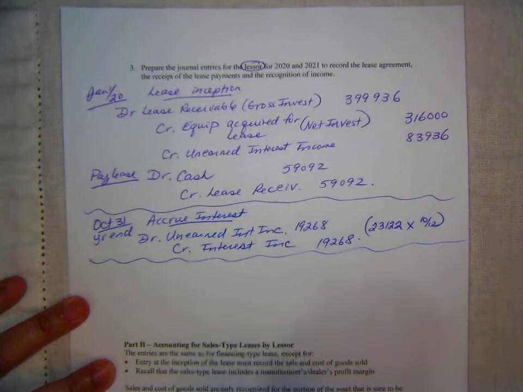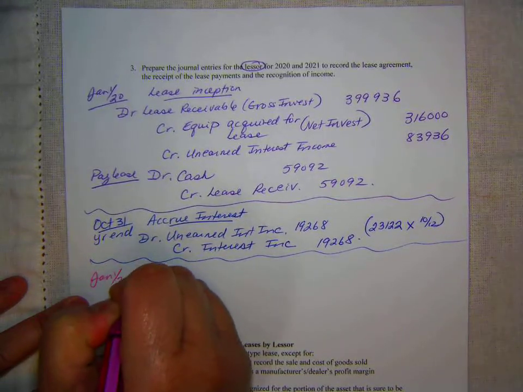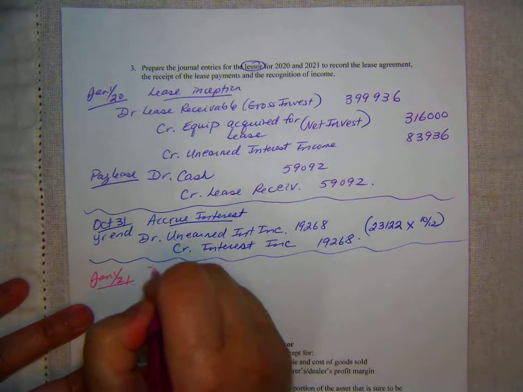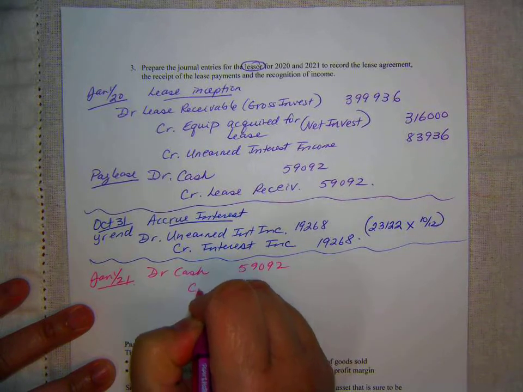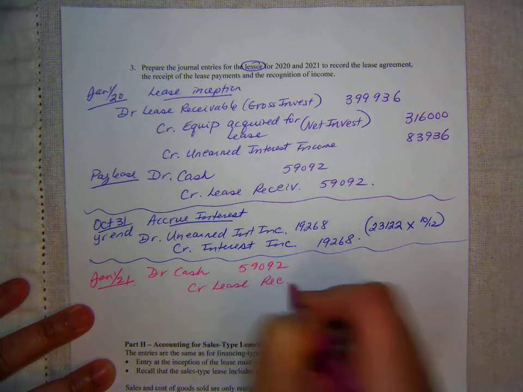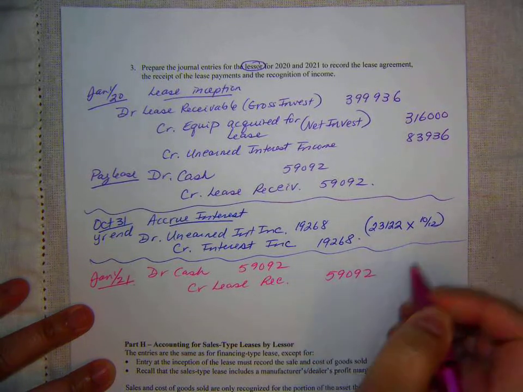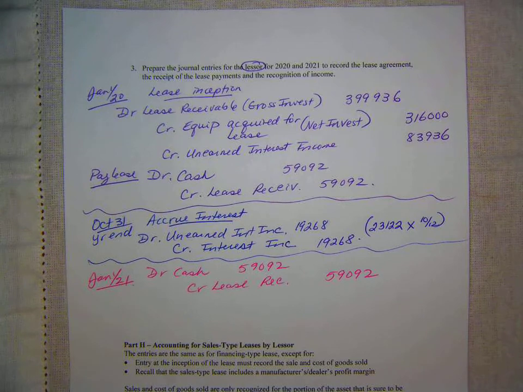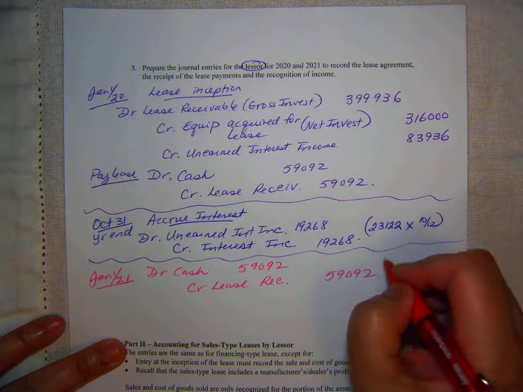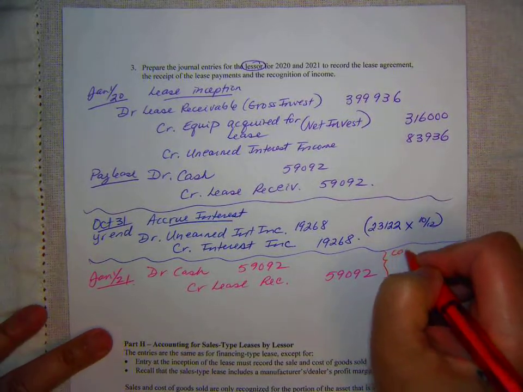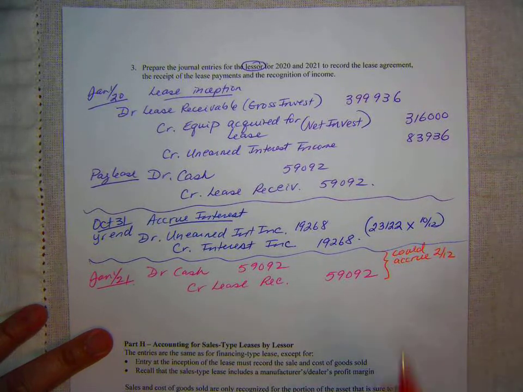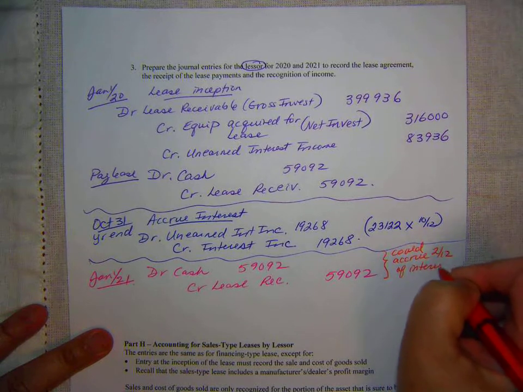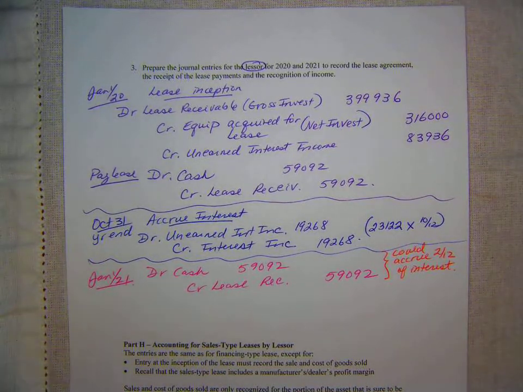Now we get to January 1st, 2021. So we get cash for $59,092 and credit lease receivable for $59,092. Now, you could accrue 2/12 of interest for November and December, or you can just leave it to year end.